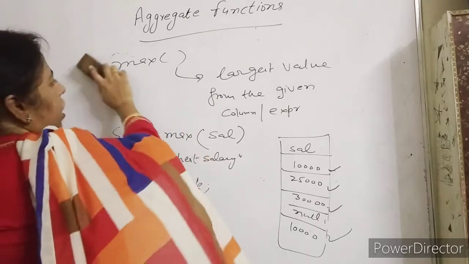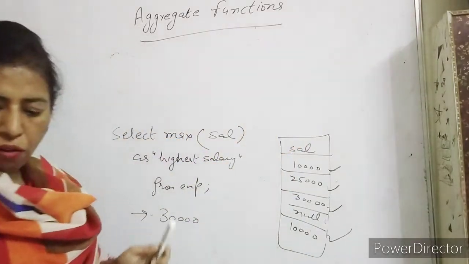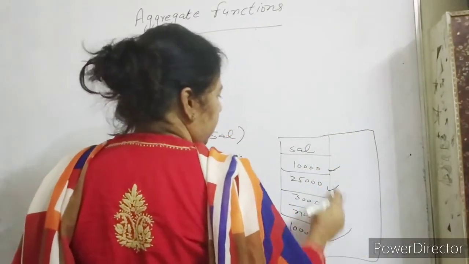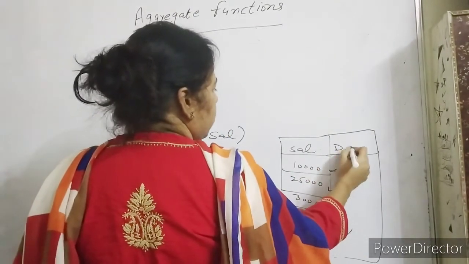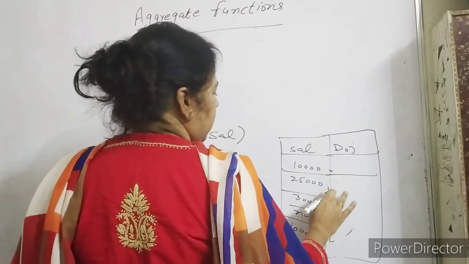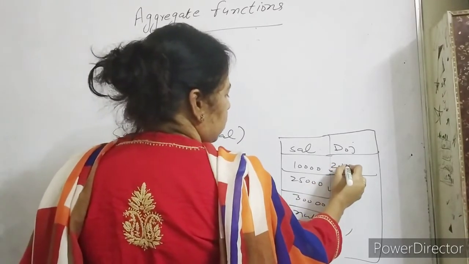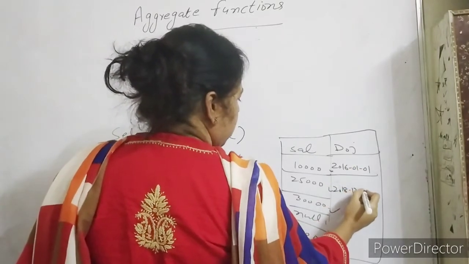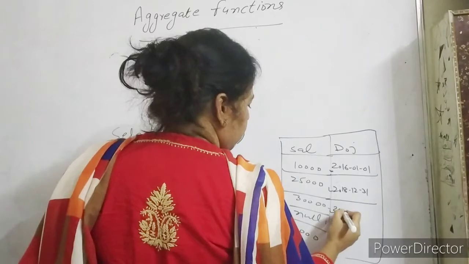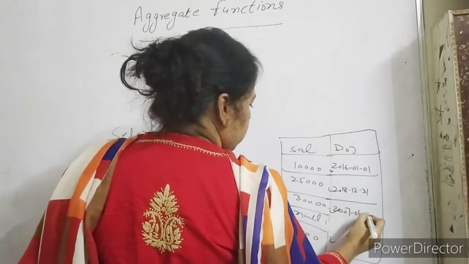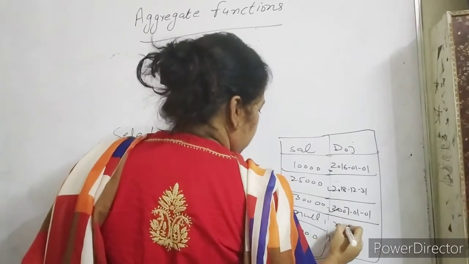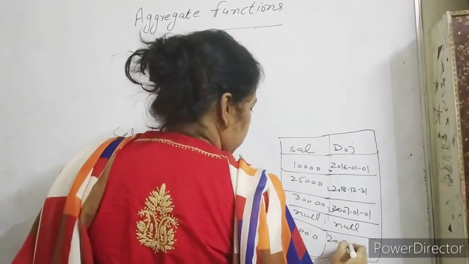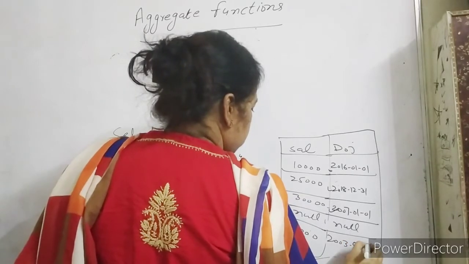If I take the example of a date here, suppose we have one more column here, DOJ, date of joining. The values are 2016-01-01, 2018-12-31, 2007-01-01, again I have null here, and 2003-06-30.